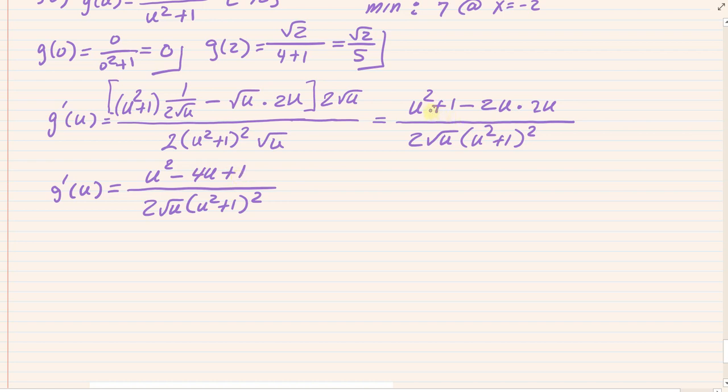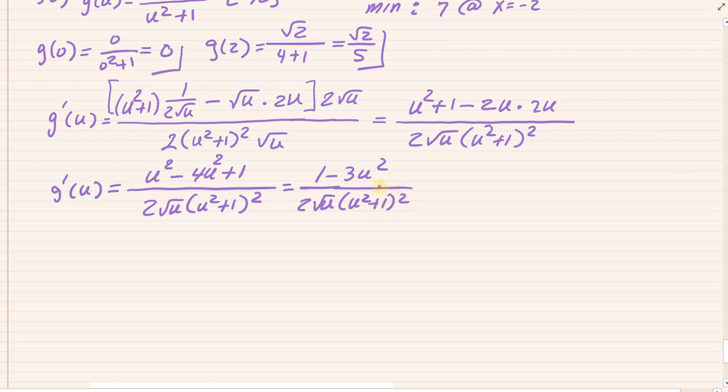Yeah, that's right, because it's u times u, you get u squared, negative 4u squared, plus 1. So we have a couple of like terms in the numerator. I get 1 minus 3u squared over the denominator, 2 root u and u squared plus 1 squared.